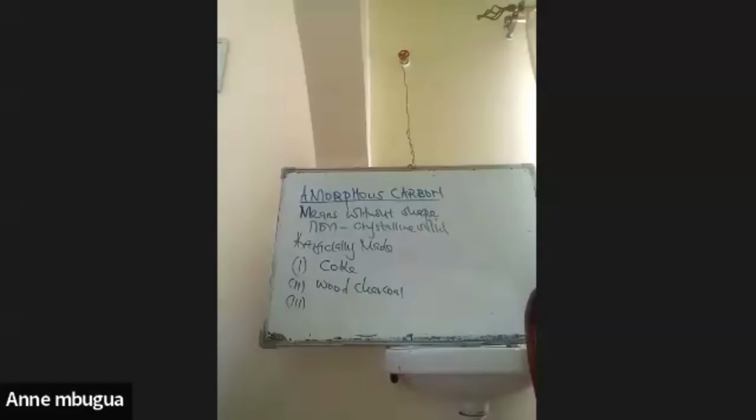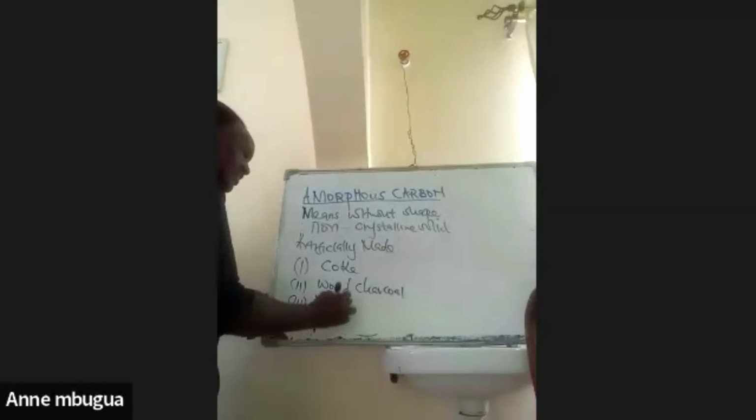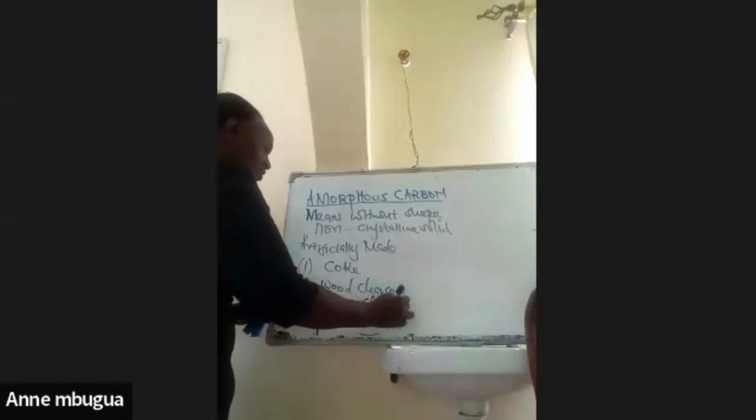I've mentioned the examples of amorphous forms of carbon as coke, wood charcoal, and animal charcoal.